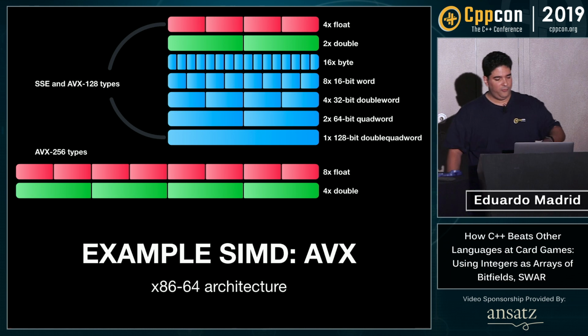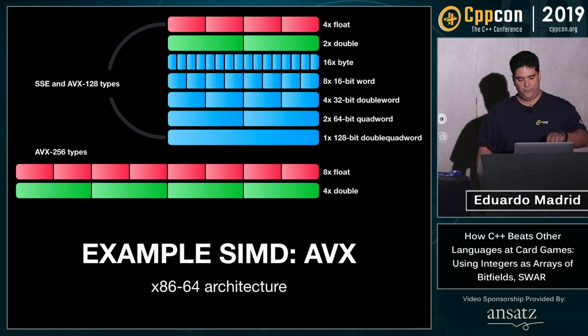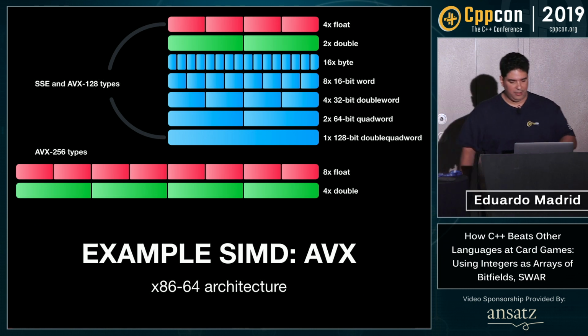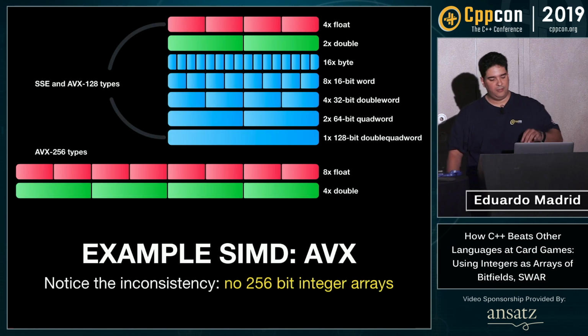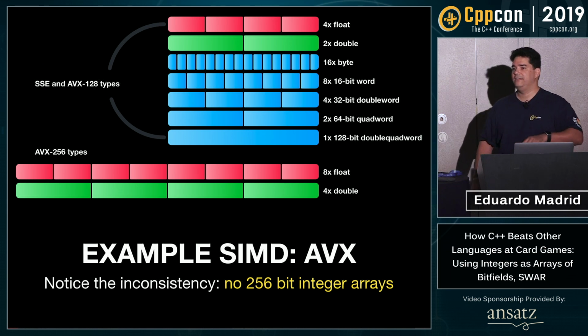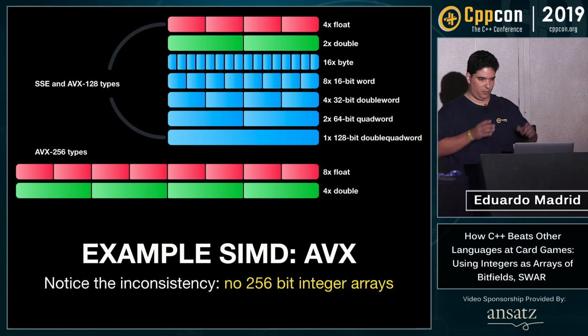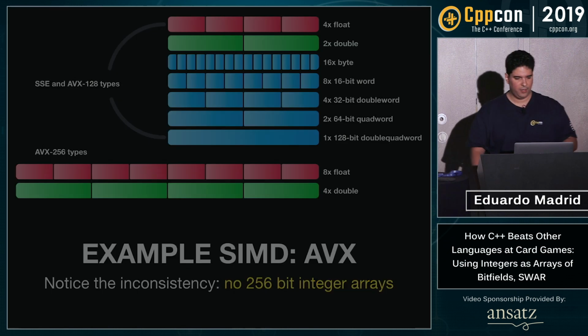But from the point of view of integers, you have support for byte, for 16 bits, for 32 bits, for 64, and perhaps 128 bits. But you don't have, if you notice the inconsistency, support for 256-bit integer arrays. This was an inconsistency that we had to wait from AVX1 to AVX2 to fix.